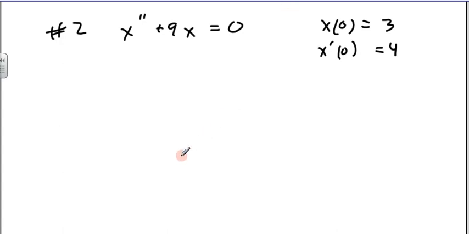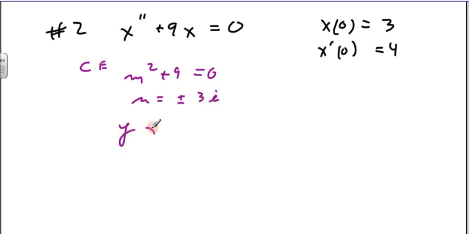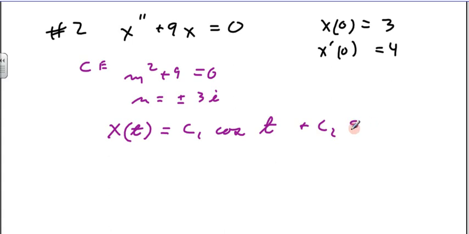What if I'm back to doing chapter 3 stuff? Well, then I've got a characteristic equation, m squared plus 9 is 0, and m is going to be plus or minus 3i, and x of t is going to end up being c1 cosine 3t plus c2 sine 3t.